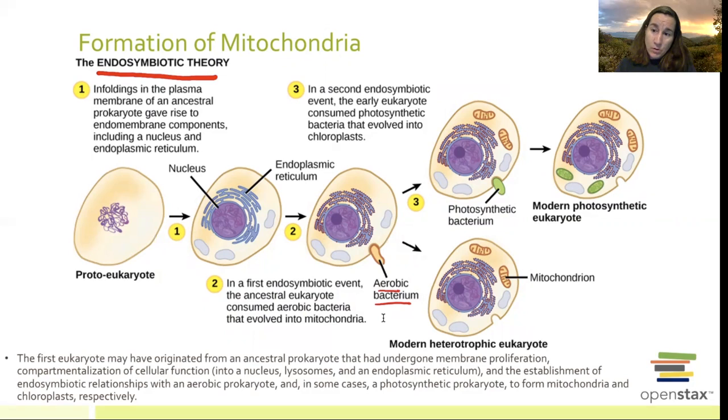Originally, we believe it was aerobic bacteria that came upon a different type of cell, and that different type of cell said, hey, come on in. I'm going to give you a home where you'll be safe and nobody's going to eat you. And in exchange, you're going to produce all this glucose for me. And so we absorbed it. We kept the mitochondria. They are our powerhouse for our eukaryotic cells. Same for this one.